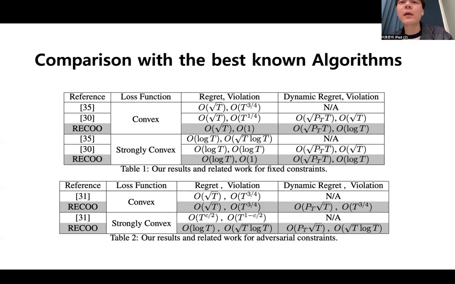The other novelty of the REC-OO algorithm is that, unlike the other algorithms, it covers both fixed and adversarial cases with best known or better performance. And it is meaningful that there was no algorithm for dynamic regret and the adversarial constraint case before, but REC-OO can do it.